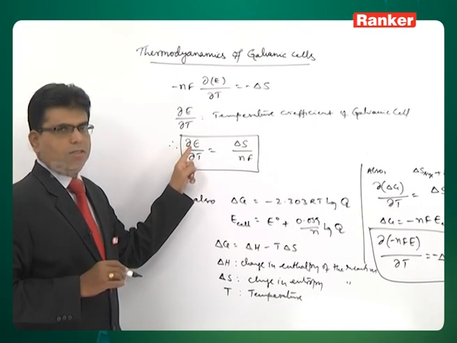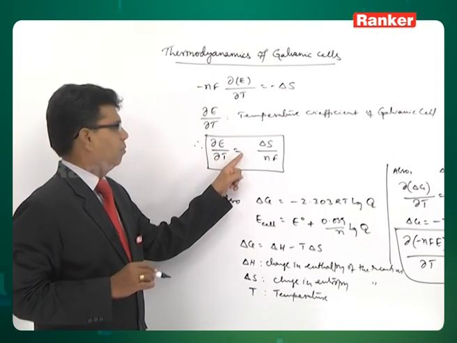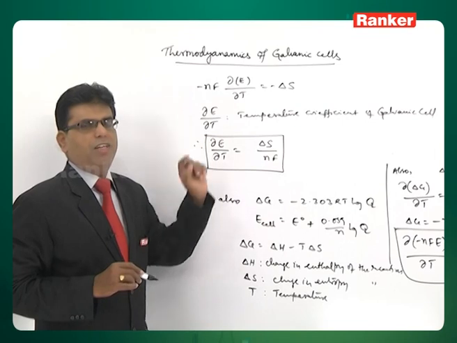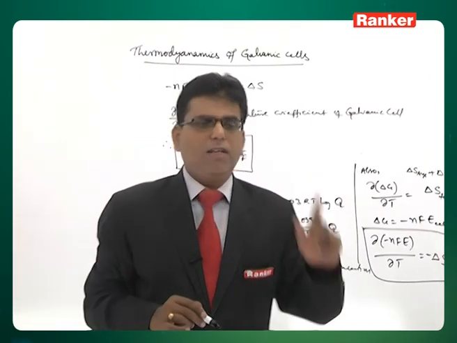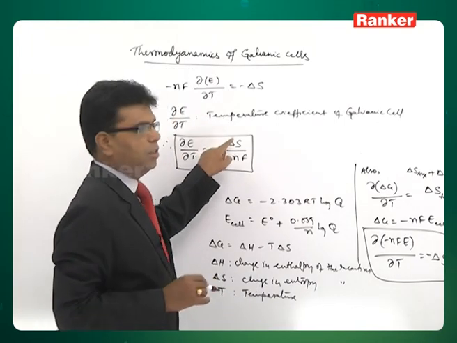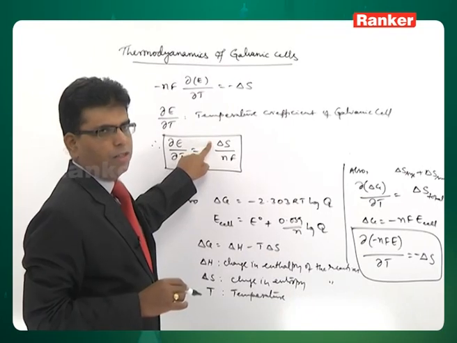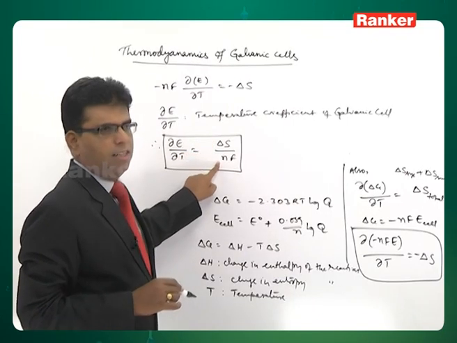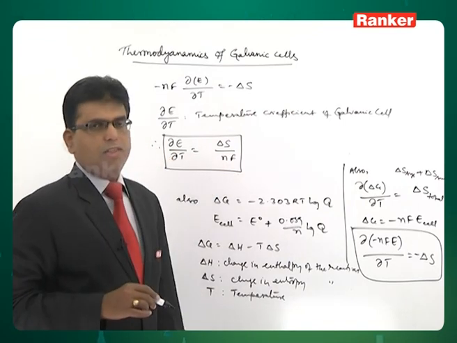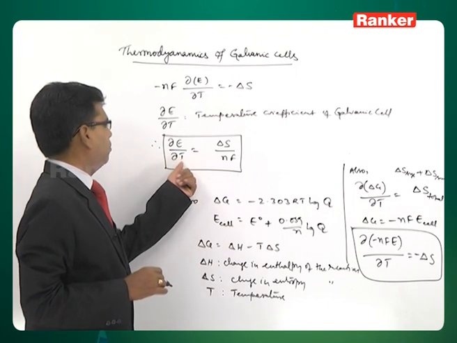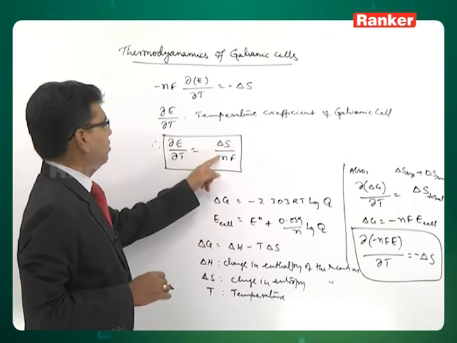So, this gives us that the variation in the EMF of a galvanic cell with temperature is dependent on the total entropy change involved in the working of the galvanic cell. The total entropy change involved in the working of a galvanic cell divided by the net charge transfer taking place in the galvanic cell will give you the temperature coefficient. That means, with a certain change in temperature, how the EMF changes, this relation gives.